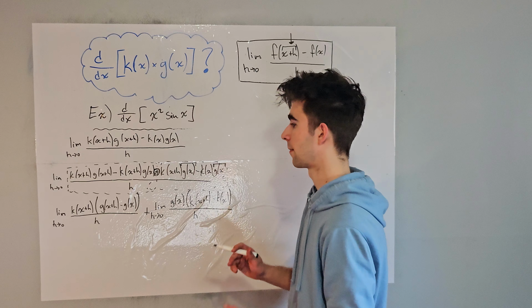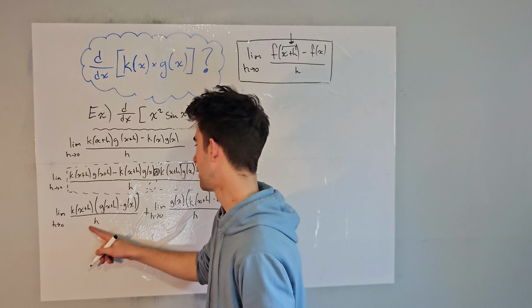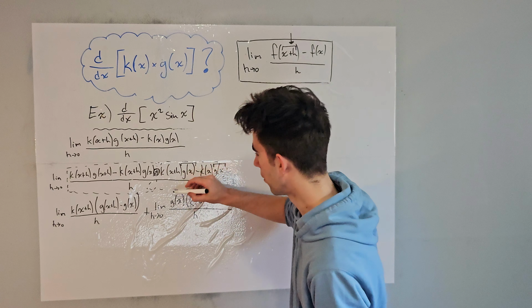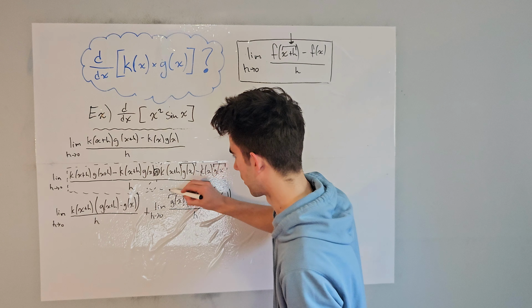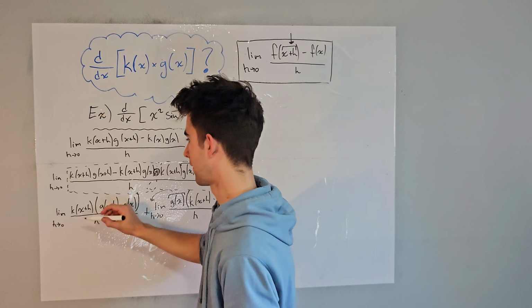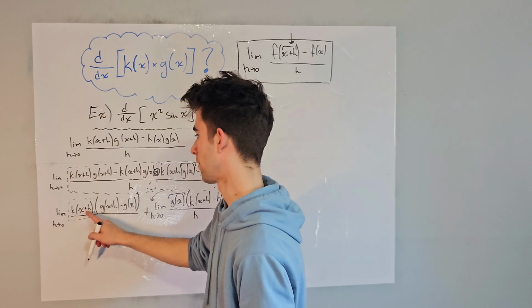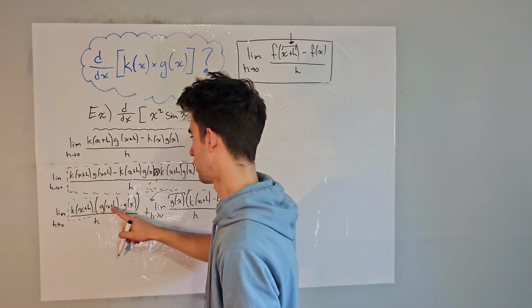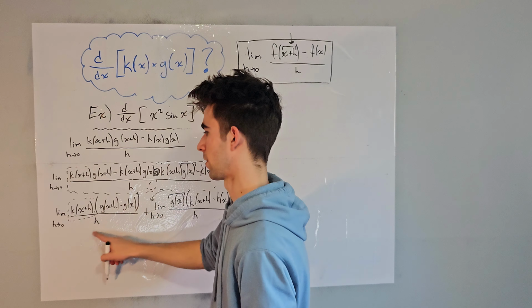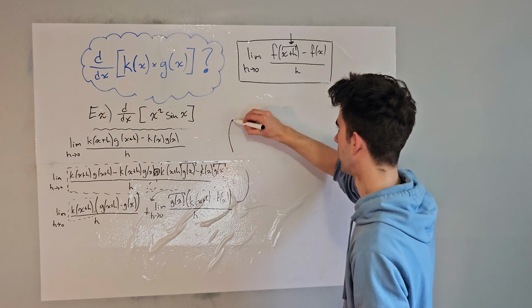I'm going to split apart this even further. And then this, I'm going to pull the g of x out to the front. Here, we're going to be splitting it up as k of x plus h with the limit as h approaches 0 times g of x plus h minus g of x over h with the limit being taken as well. I'm going to work up here now.